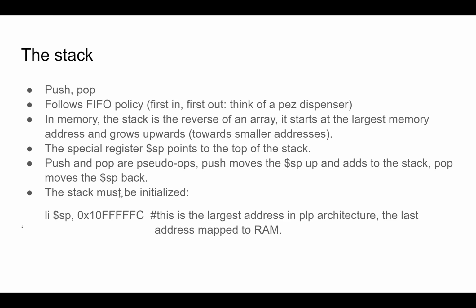Important thing to remember is that you always have to initialize the stack. You can do that with this instruction here. And then it always starts at the largest address in the PLP architecture, which is hex 10 and then 5Fs and the C. Okay, any questions about that?